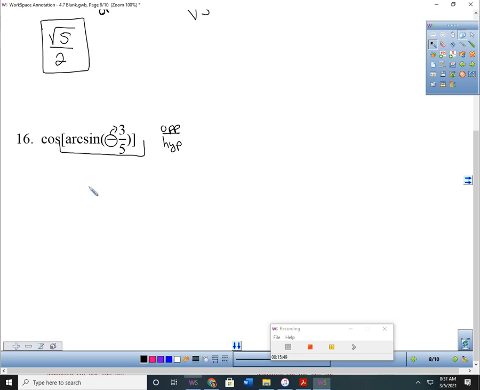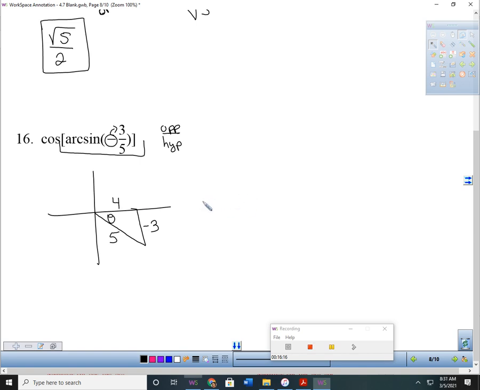So think about your quadrants here. Remember, sine, that is either going to be up here or down here, correct? So if it's negative, that means it's going to have to be down here. We'll do this that way we can make sure that we have the right numbers. So we have -3, and then your hypotenuse is 5. And if you know your Pythagorean triples, you know that the other leg is 4.